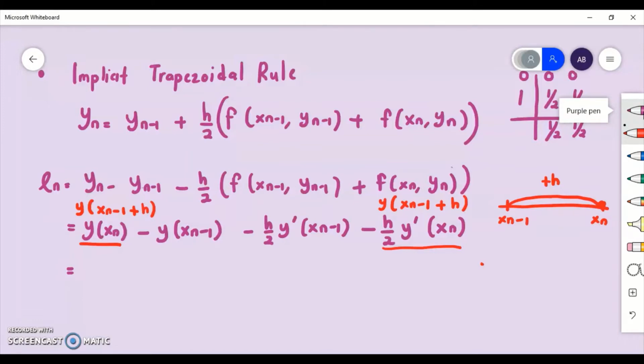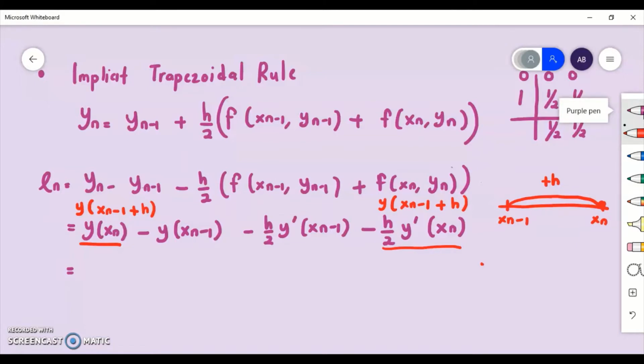So what do I do here? I can have xn, xn minus h. So you have to be careful about which terms you want to expand. Now let's look at this term here.